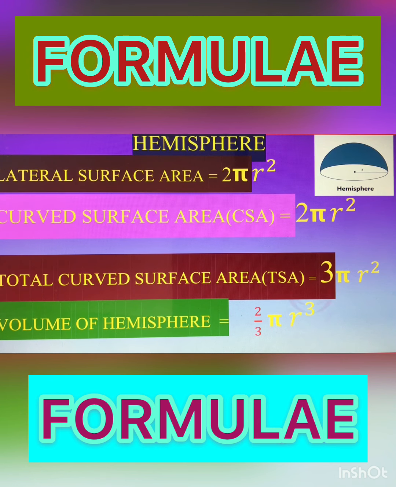Okay, so you can see that this is the circular part, and the circumference of the circular part is always 2 pi r, and the area of the circular part is pi r square.